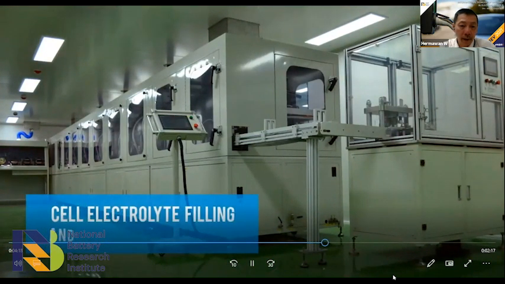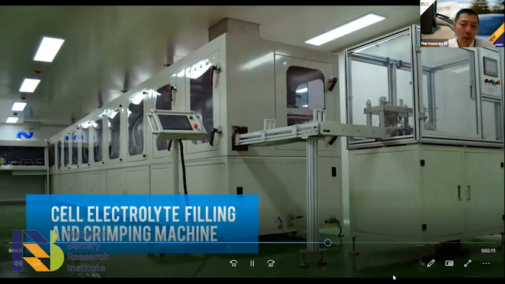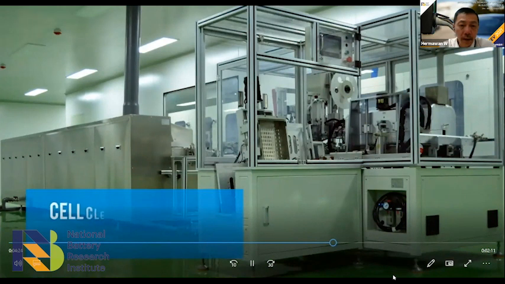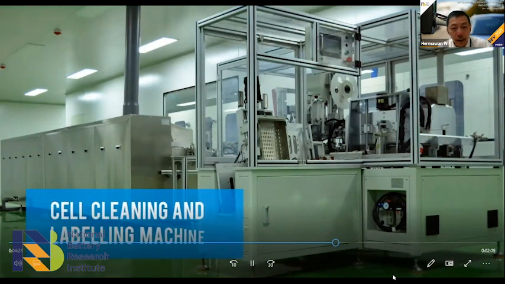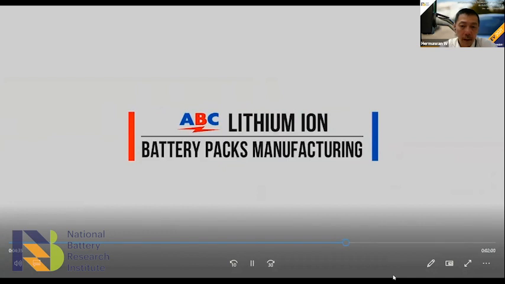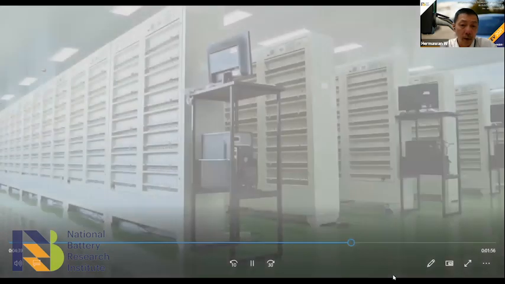This electrolyte filling room is zero humidity. And then this is finishing, cleaning and everything. That's the whole room. You must be careful. This is not only clean, it also has less water in the air, less than 15%, and some areas 0%.